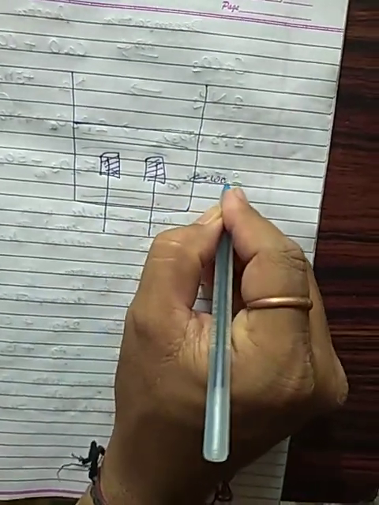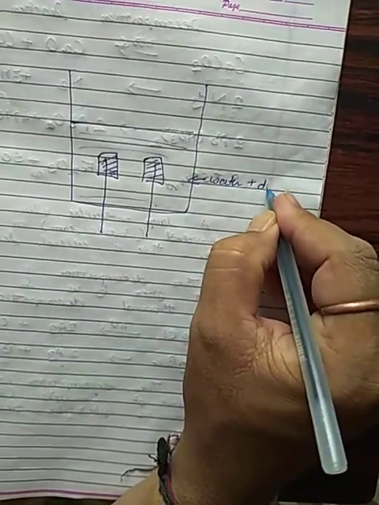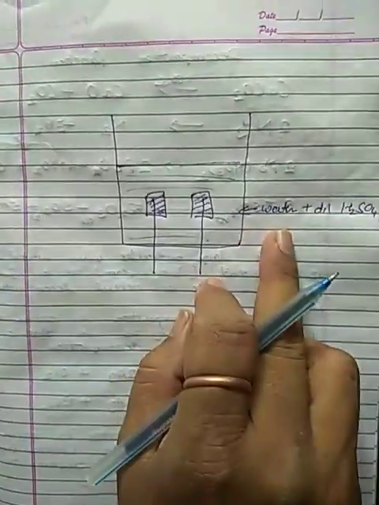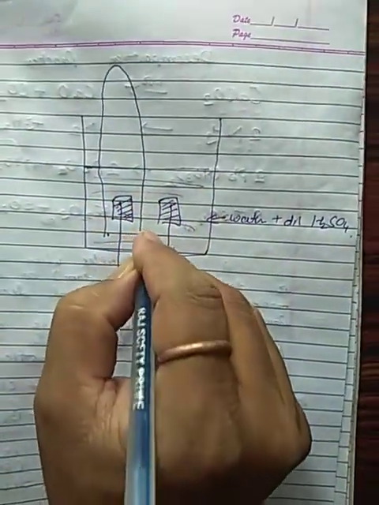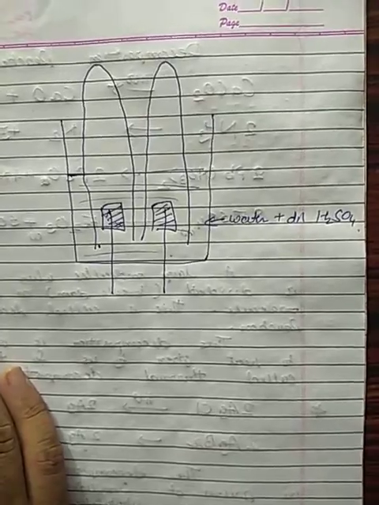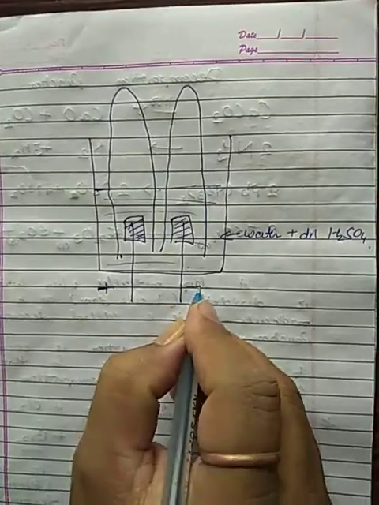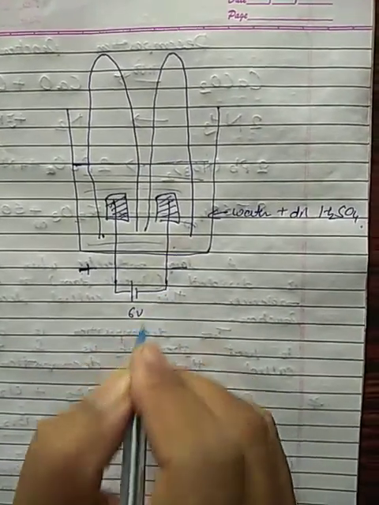Here there is water and a few drops of dilute H2SO4. In water, when we add a few drops of dilute H2SO4, we invert a test tube of equal size over each electrode. Then we connect the positive terminal and negative terminal to a 6 volt battery.